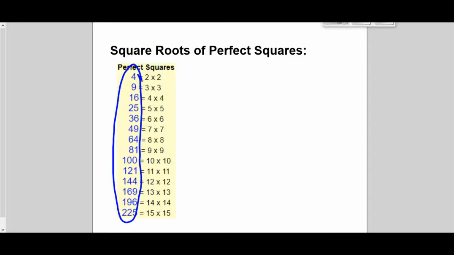These numbers have a special property when we take the square root. The square root looks like this symbol. When we take the square root of a perfect square, let's take 4 for example, the square root of 4 gives me 2, because 2 times 2 gives me 4. The square root of 9 is 3.